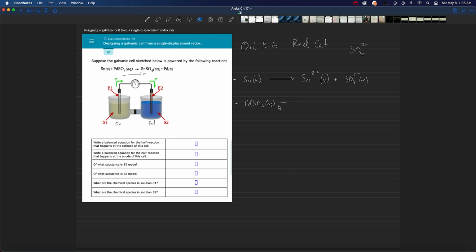On this other side, we're going to separate these two: SO4 2- aqueous, and this is going to become Pd solid.